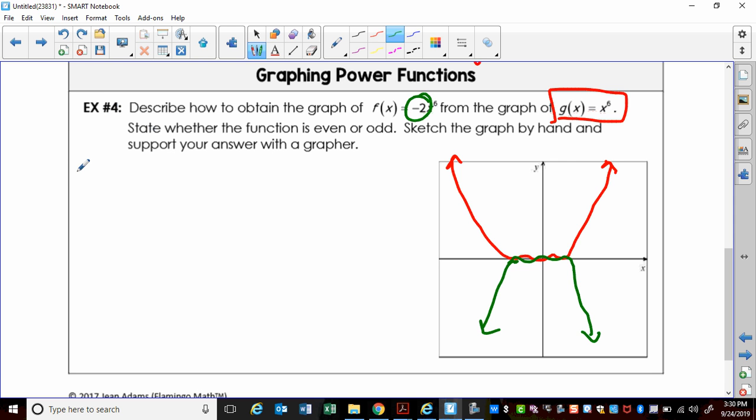Okay, number 1, describe how to obtain this graph. What we're going to do is reflect it across the x-axis. From red to green, we're going across the x-axis because of this negative right here.